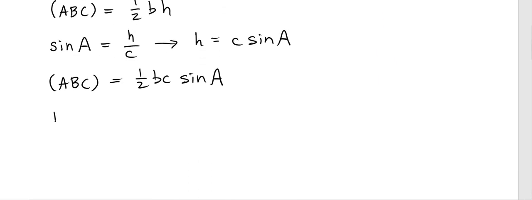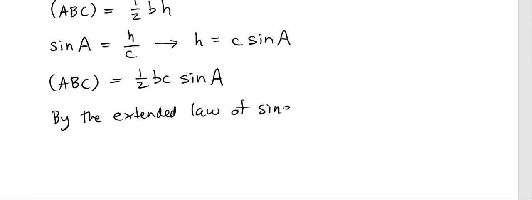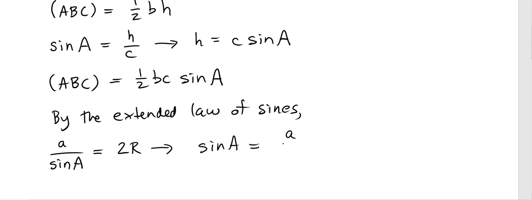Okay, so by the extended law of sines, we know that lowercase a over the sine of A is equal to 2 times that circumradius. Okay, well that implies that the sine of A is equal to lowercase a over 2R.